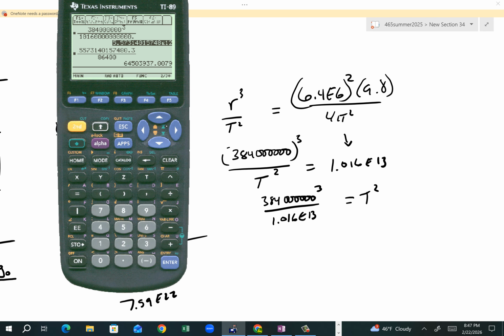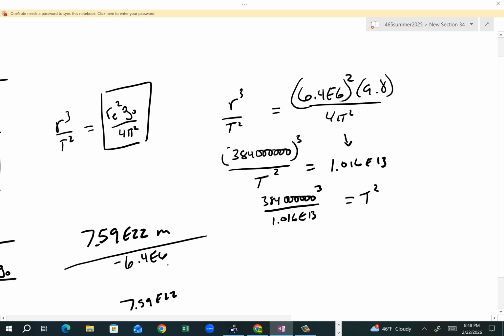First of all, let's try square rooting it first, to the 0.5. Oh, yay. And then divide by 86,400. And lo and behold, you get about 28 days, give or take, which is about the period of the moon. And 27 1/3, whatever. Let's not quibble here, people.